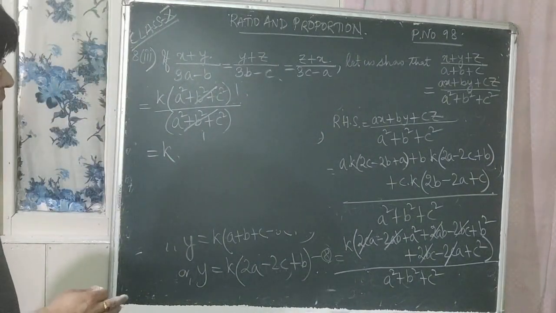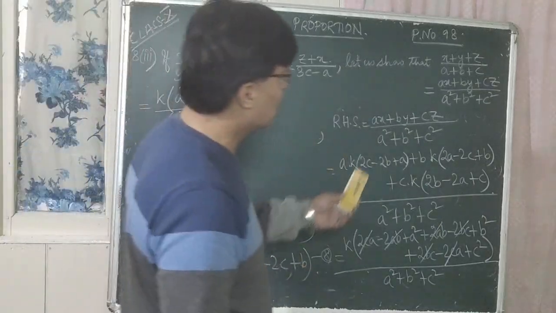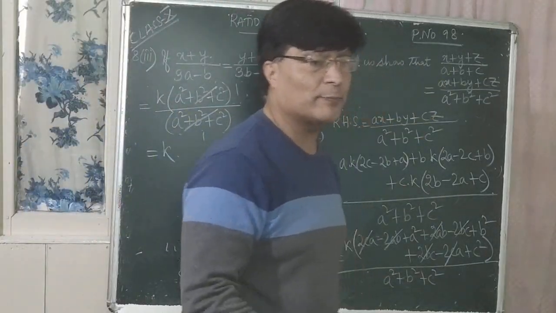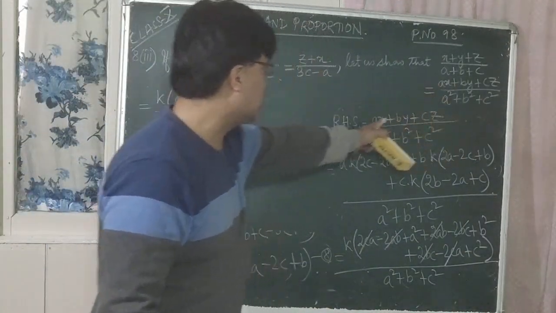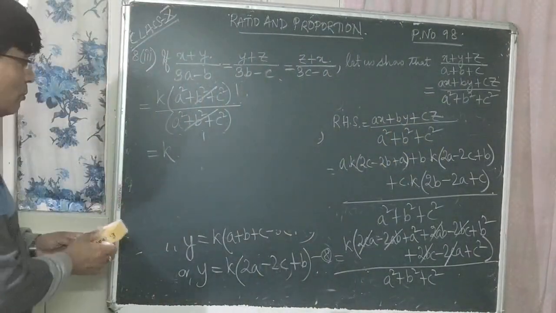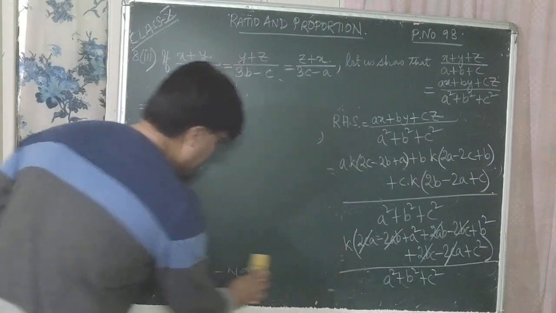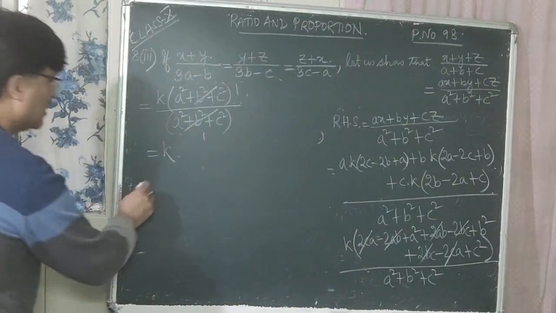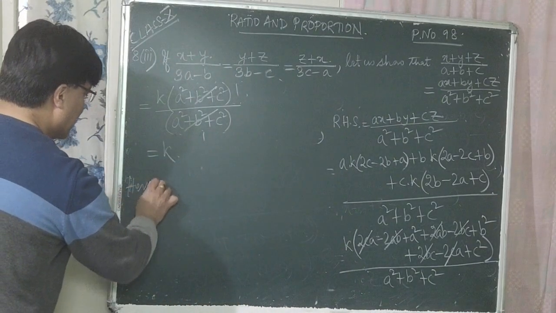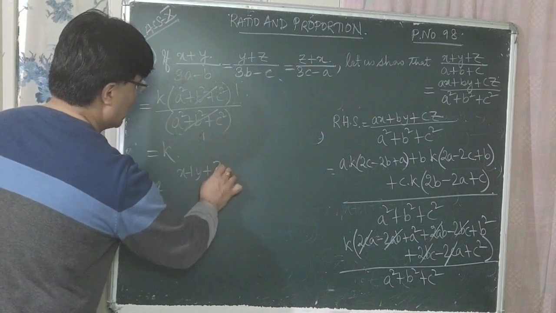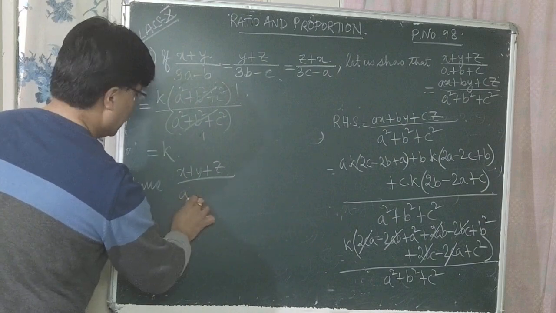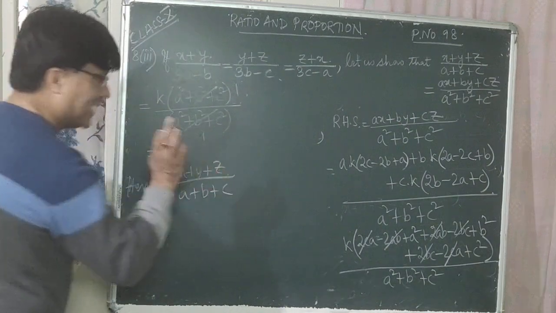That means already we have got the value for left hand side, that is (x + y + z) divided by (a + b + c) was k. Also we got the value of this right hand side, that is this right hand side is also k. That means both of these left hand side and right hand side are equal, right? So we have already got the value for (x + y + z)/(a + b + c) as k.